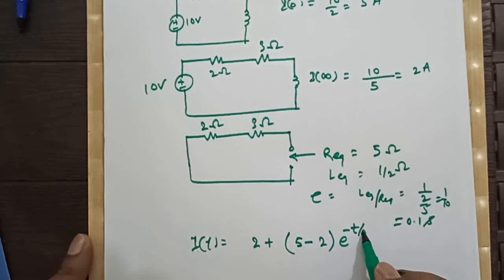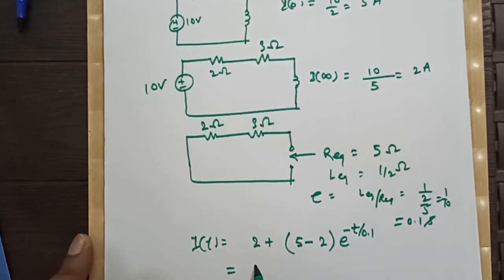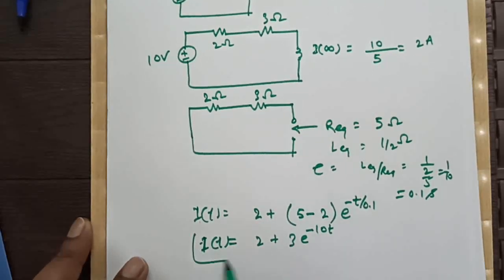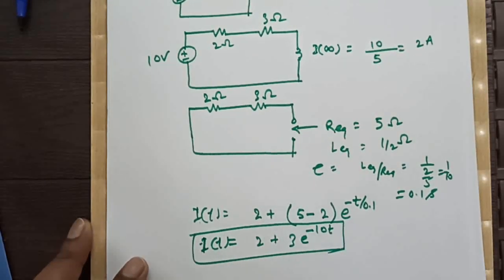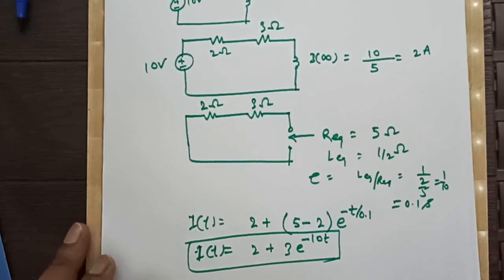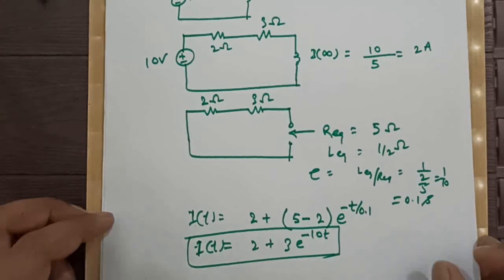Tau is what? 0.1 second. Means it will become 2 plus 5 minus 2, 3 e to the power minus 10t. So this will be the expression for current through the inductor. Clear? Let us take another example.